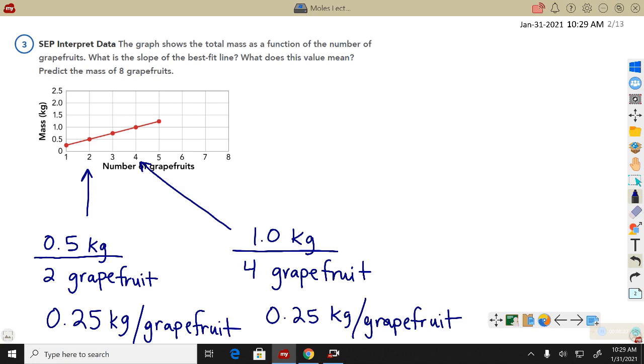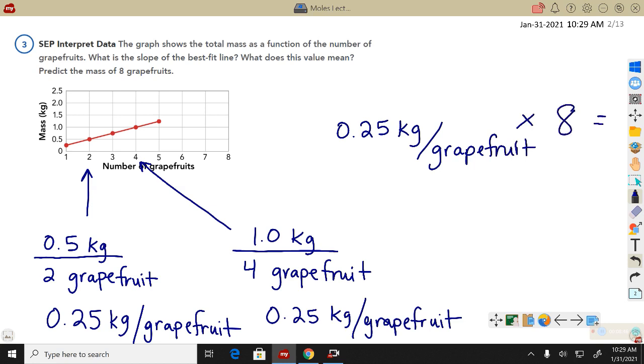Predict the mass of 8 grapefruit. Well, if I use this data, would I maybe predict that if every 1 grapefruit is 0.25 kilograms per grapefruit, and I have 8, could I just multiply?